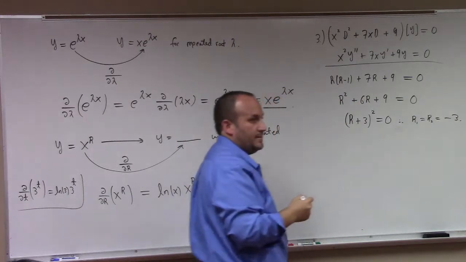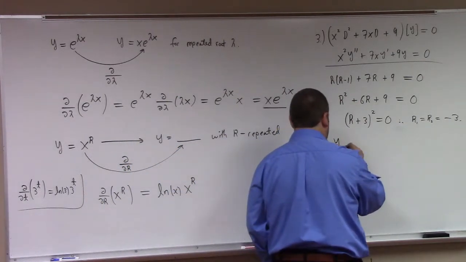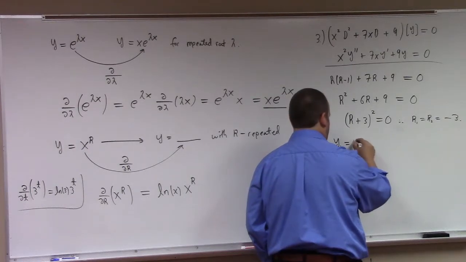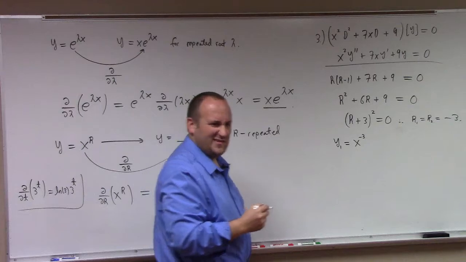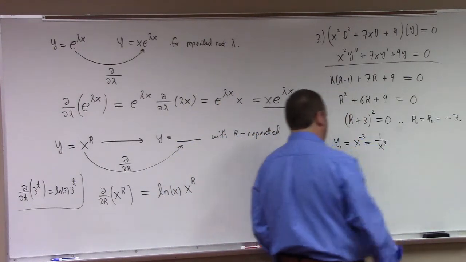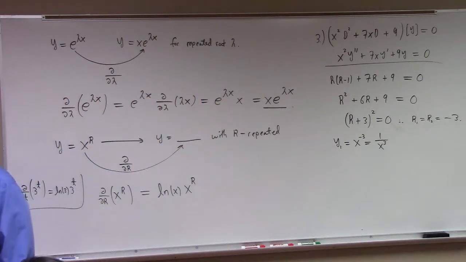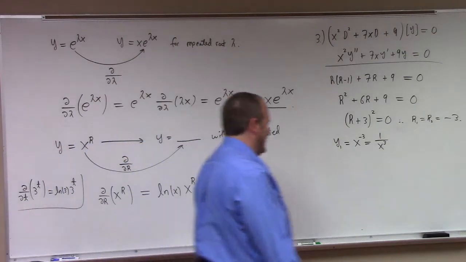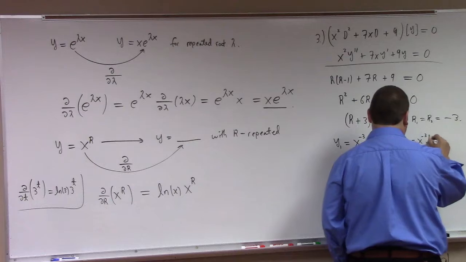Yeah? And so that gives me my first just plain Jane solution, although this is starting to get weird, right? x to the minus 3. So you mean reciprocal functions are possibly solutions to the Cauchy Euler problem? I mean, that's something we have not seen before as a solution to a second order problem, right? It's kind of out there. And this is so much worse: y2 equals x to the minus 3 natural log of x.